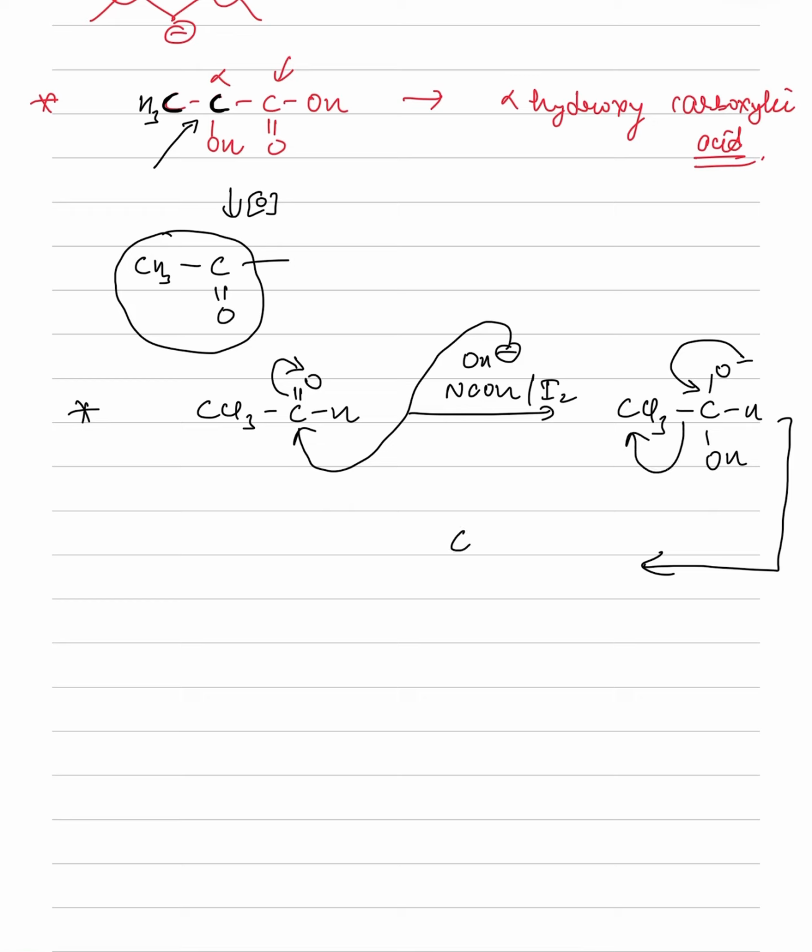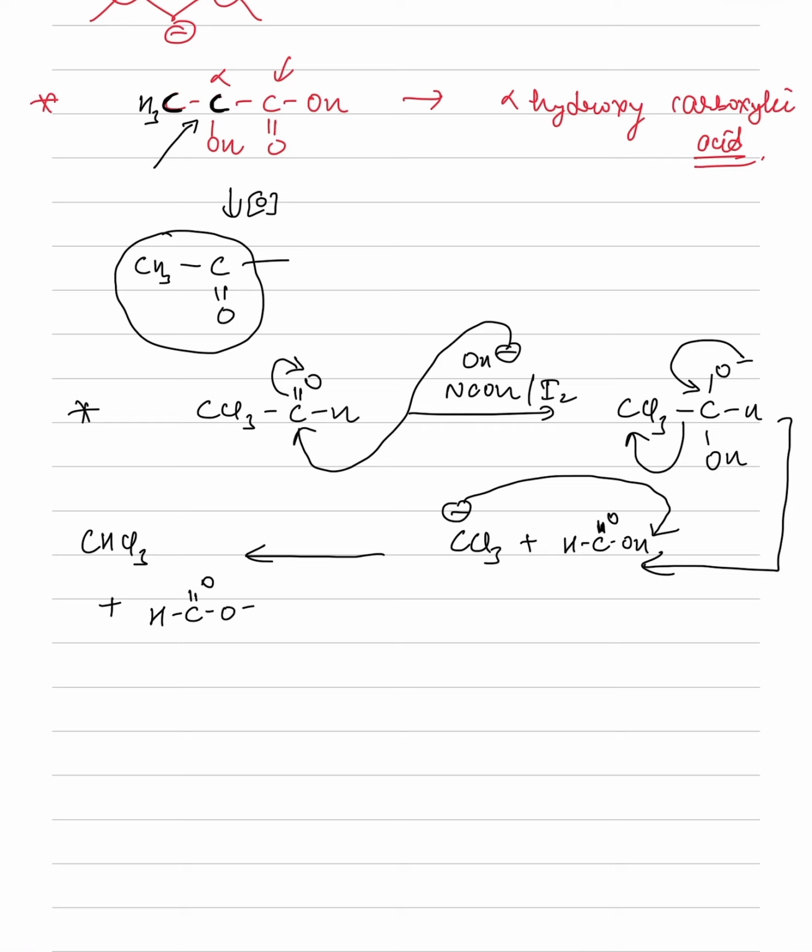So what do we obtain? We will obtain CCl3 minus along with H C double bond O OH, that is formic acid. Now because the medium is basic in nature, what will happen? The CCl3 minus will take away the H plus ion from the formic acid and form CHCl3 along with the formate ion, right?